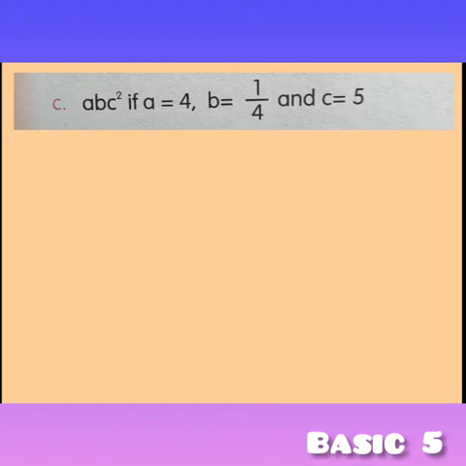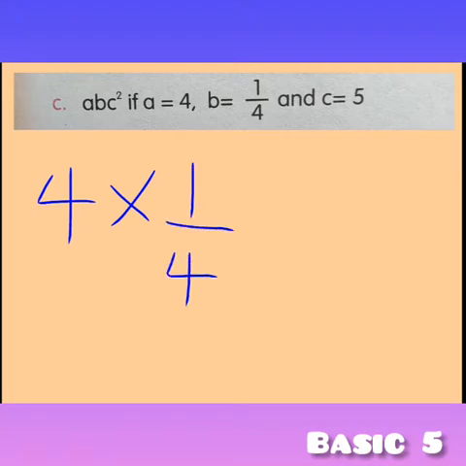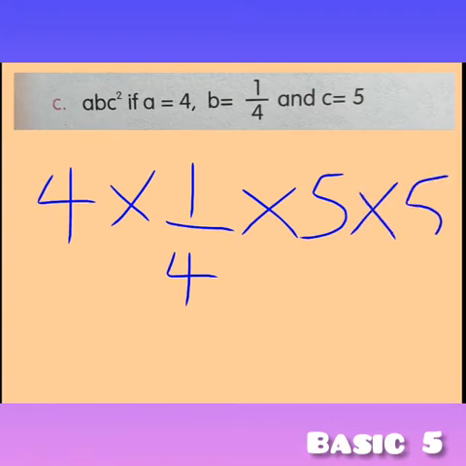Let's solve this together. A is 4, so we say 4 times b, which equals 1 over 4, and c squared, where c equals 5, so we say 5 times 5.